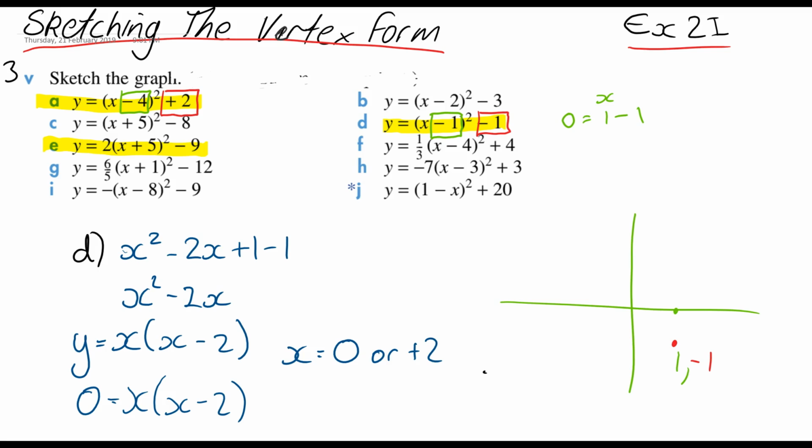So we can draw our points on the line at 0 and 2, and notice that they're on either side of the 1, so we're still good. It also gives me my y-intercept, because 0, 0 is also the y-intercept.